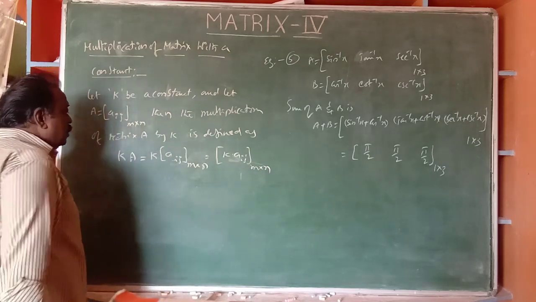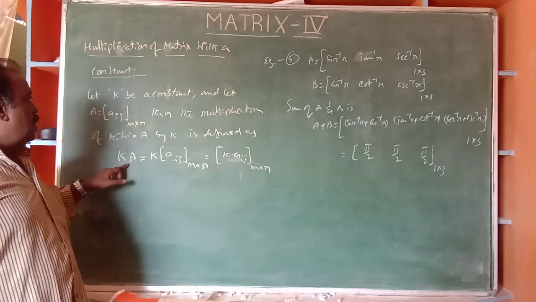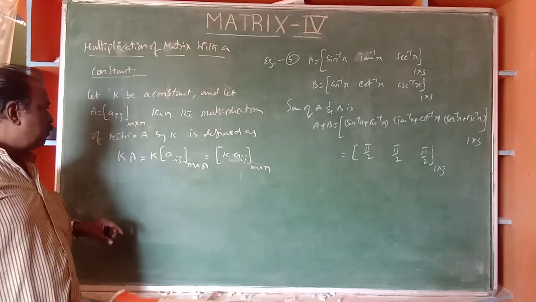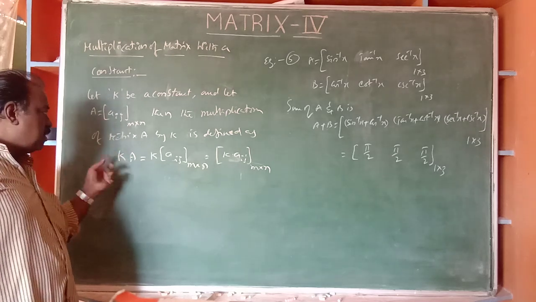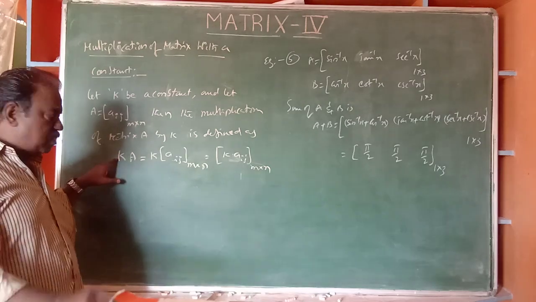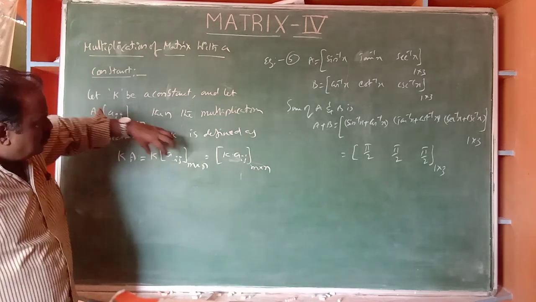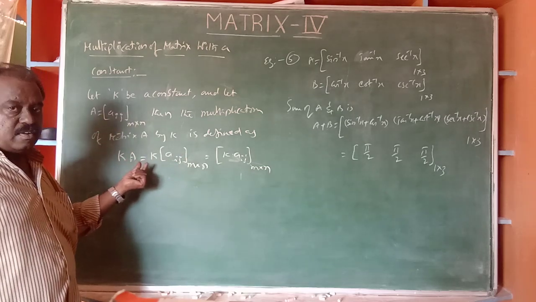Okay now, you see that K is a constant and A is a matrix. Then what is the multiplication of K with the matrix A? The matrix A is multiplied by a constant. A matrix is a group of elements. K is a constant.